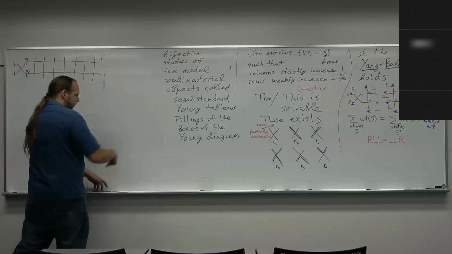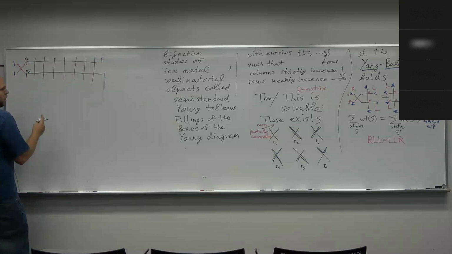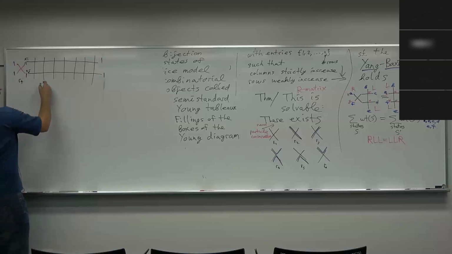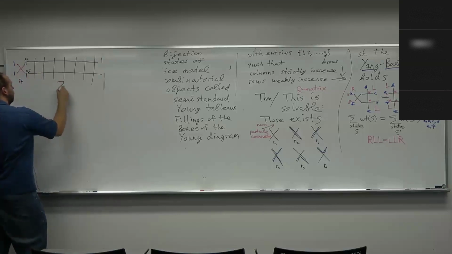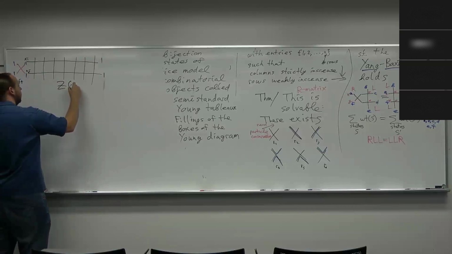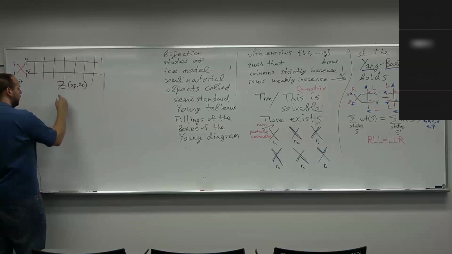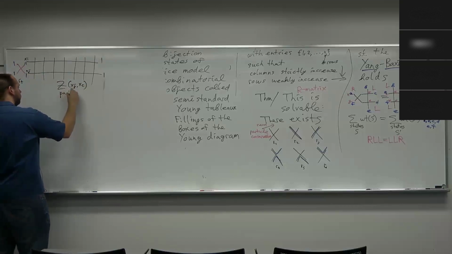So in my convention here, what I'm multiplying by is an additional R4, and then let me call it Z of xj, xi. To give it a name, I'll call it the partition function.